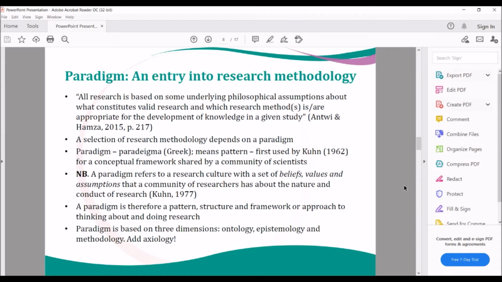That's why down to a community engagement project, you are called upon to be a member of your specialization community. And these are the communities that tend to protect their own territories. And I've put notably there, a paradigm refers to a research culture with a set of beliefs, values, and assumptions that a community of researchers has about the nature and conduct of research.